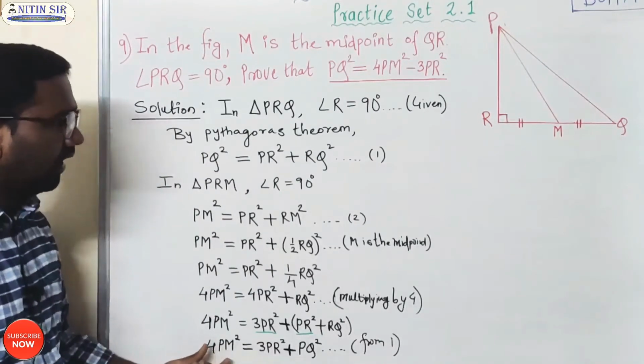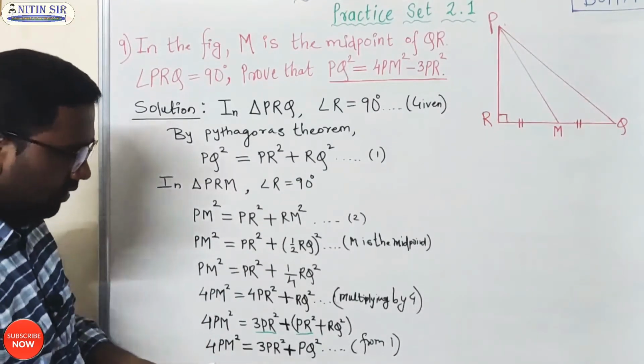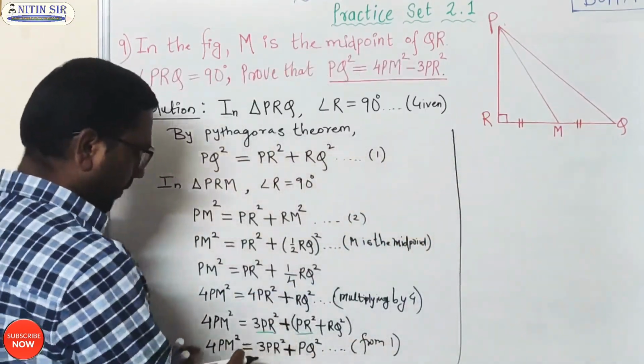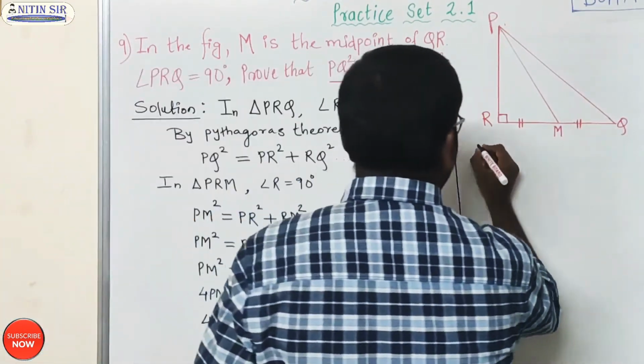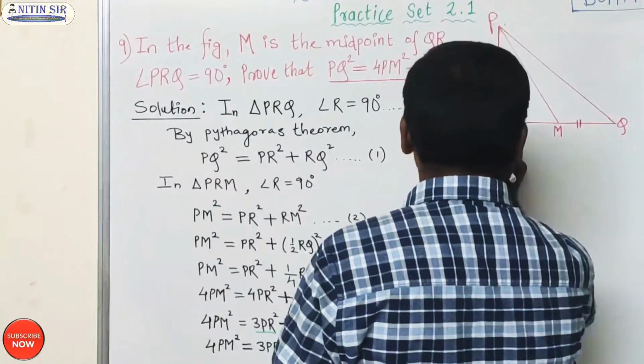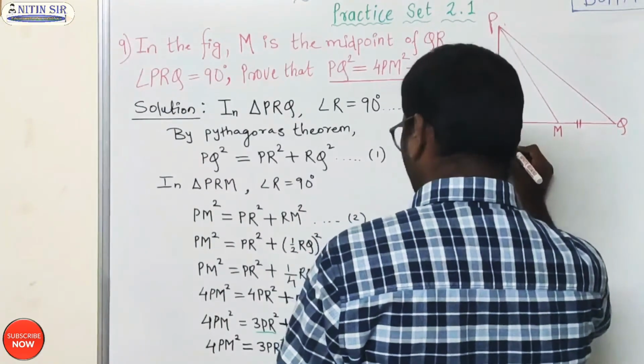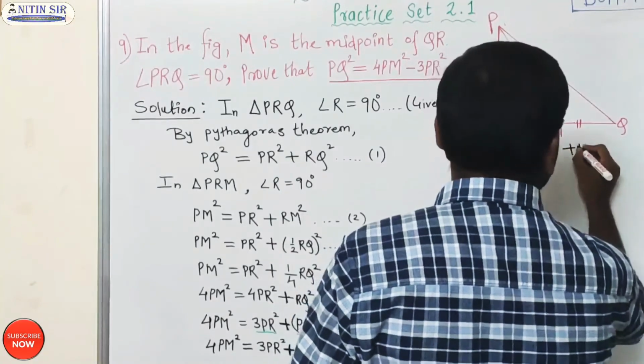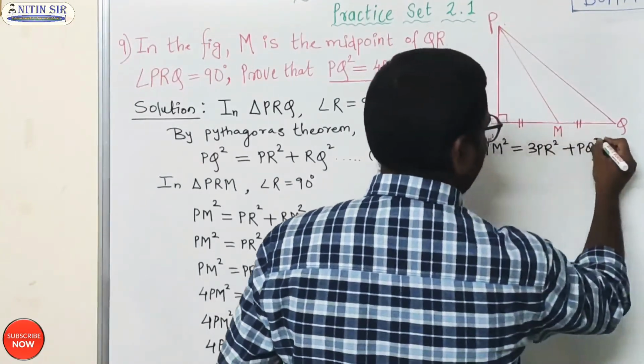Okay, we have taken this from 1. So here I'll write this again here. 4 PM square is equal to 3 PR square plus PQ square.